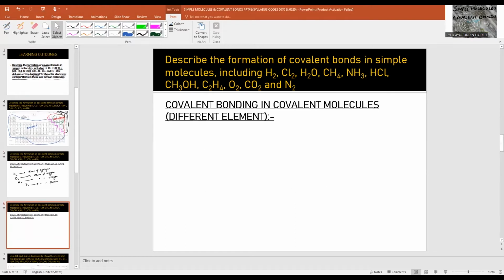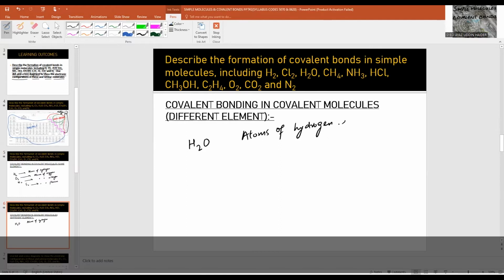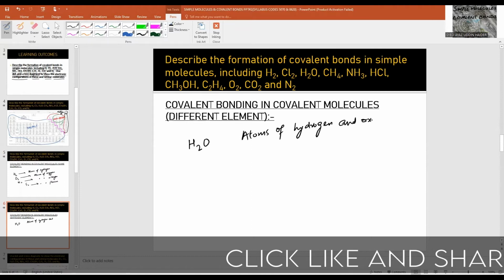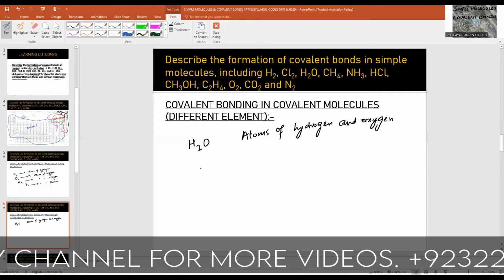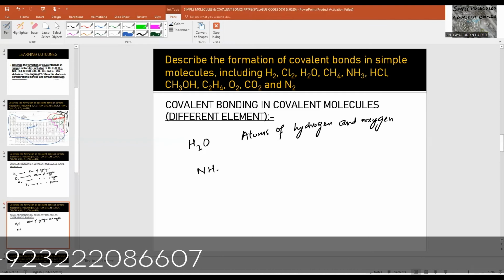We'll see some examples of covalent molecules formed from different elements. H2O, you have atoms of hydrogen and oxygen. In the same way, you have other examples like NH3, where you have atoms of nitrogen and hydrogen.